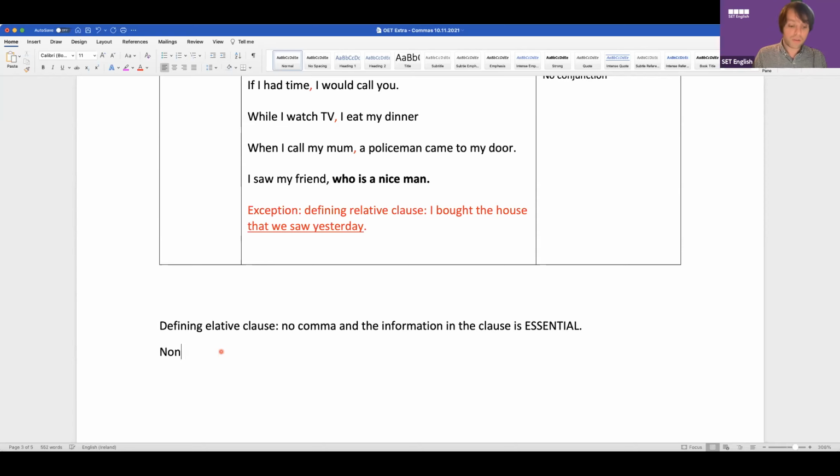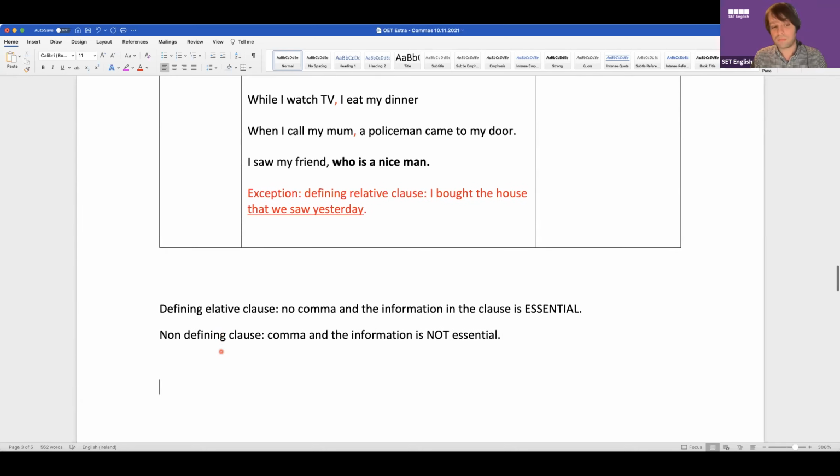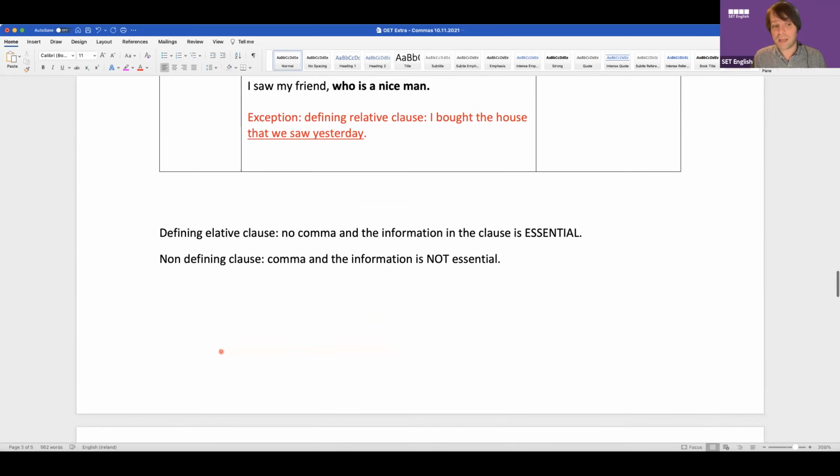A non-defining one is the opposite. You can remove it. It has commas, and the information is not essential. That's the difference. Usually relative clauses are non-defining.